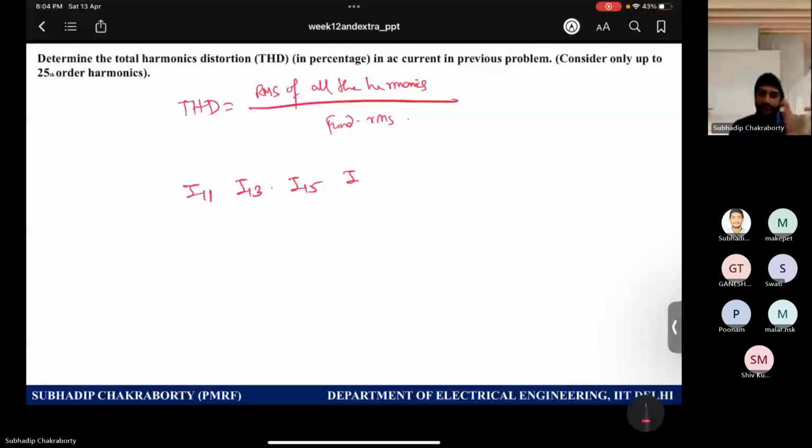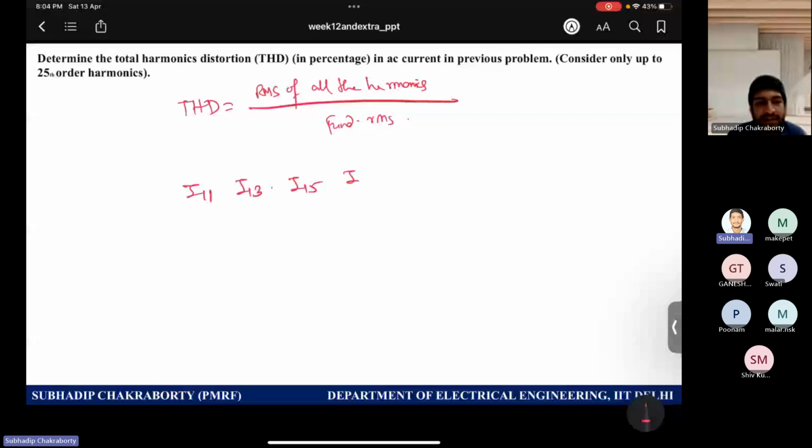Likewise, it will appear in the phasor diagram as rotating with 15 omega, in the same phase as the third harmonic. So I15 in a 3-phase 3-wire arrangement cannot exist. Similarly, 7 times the third also cannot exist.